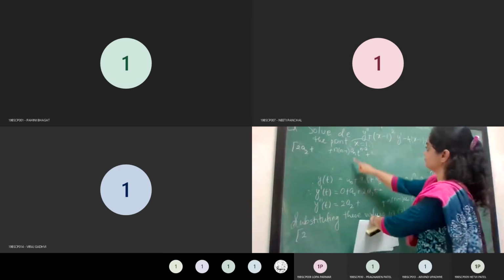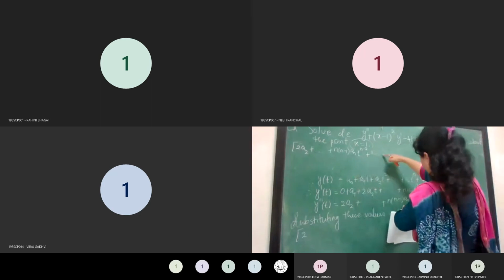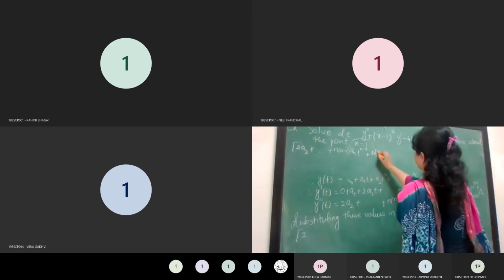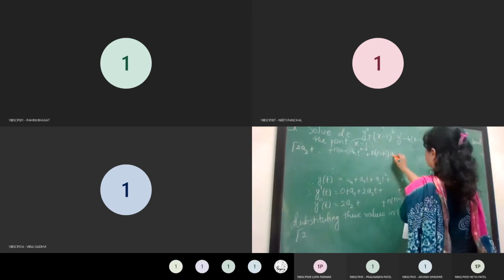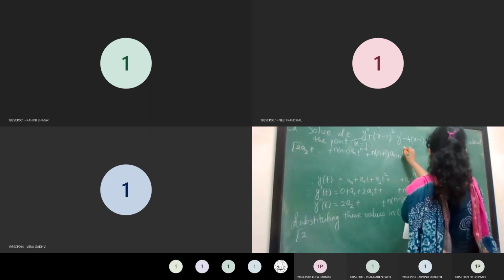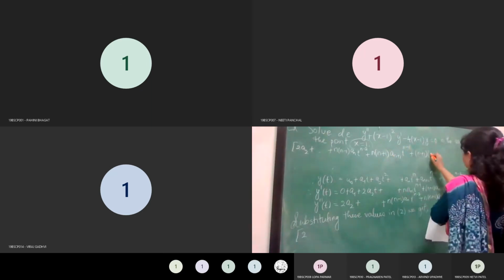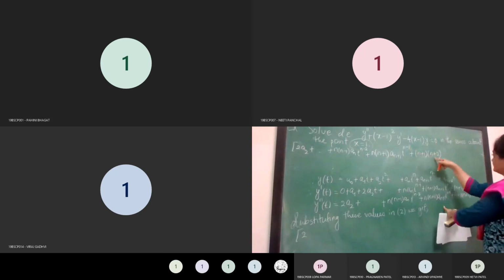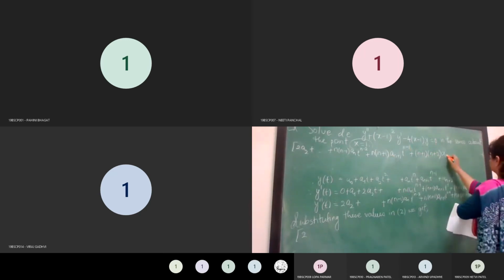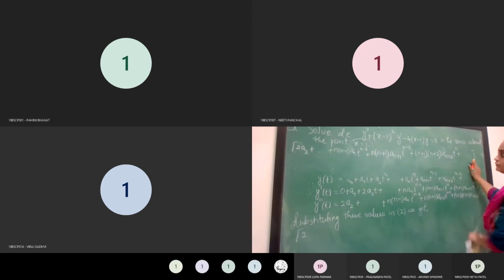So 2a2 plus up to plus (n minus 1) a_n t raised to n minus 1 and (n plus 1) a_{n+1} t raised to n minus 1 plus (n plus 1) into (n plus 2) a_{n+2} t raised to n plus up to plus. This is what the term of y double dash, right?